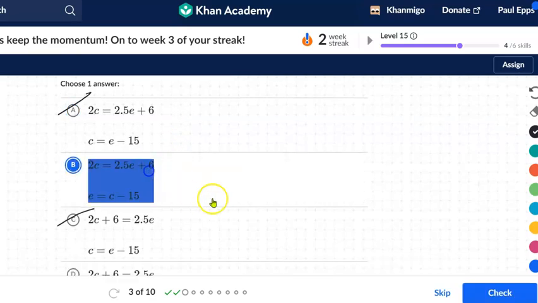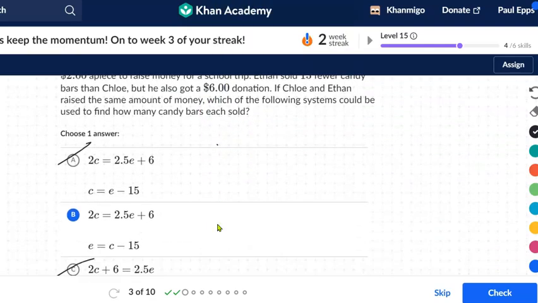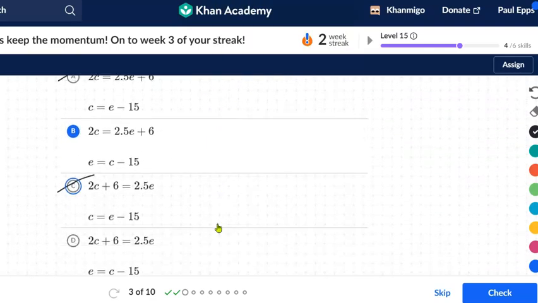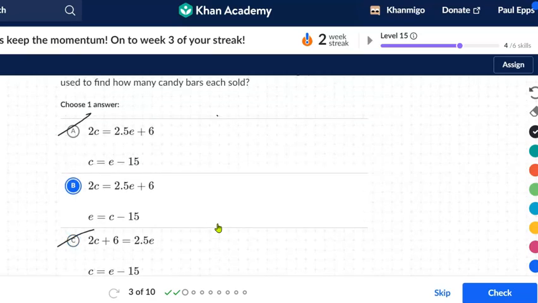Hold on, I don't know if I want B. Chloe is selling at $2 apiece. Ethan is selling at $2.50 apiece, but he gets a $6 donation. So actually, the answer is B. Chloe's candy bars times 2, Ethan's candy bars times 2.5, but he got a $6 donation, so let's go B.